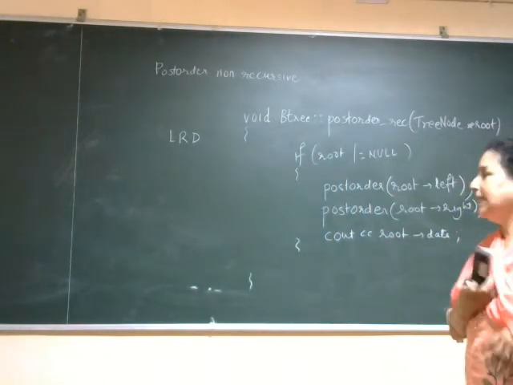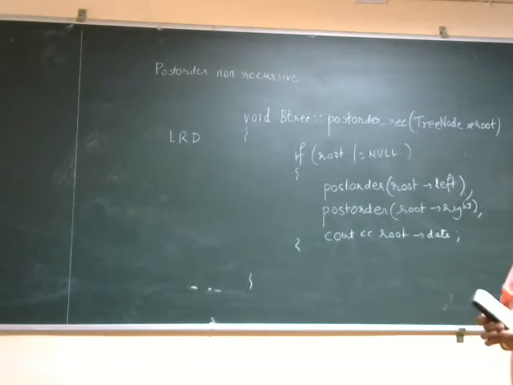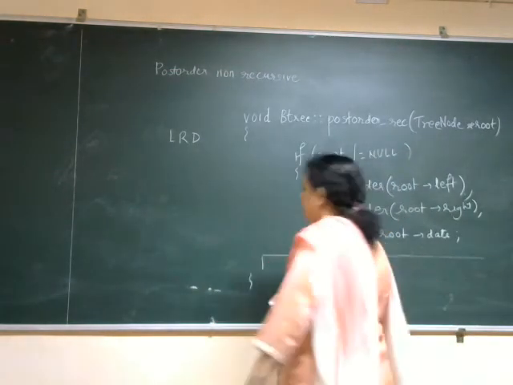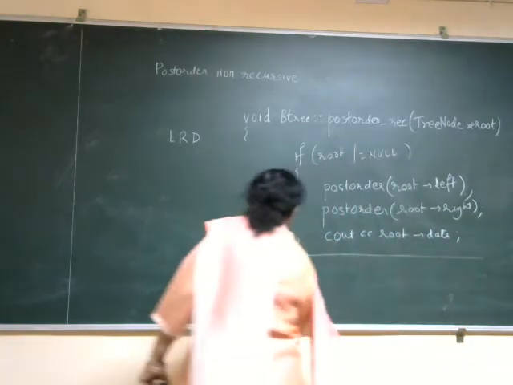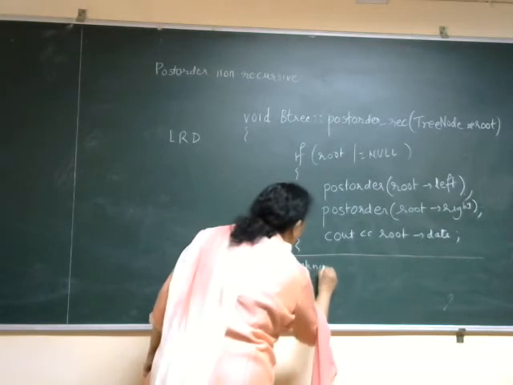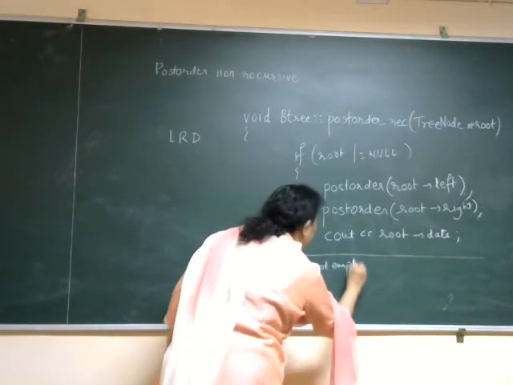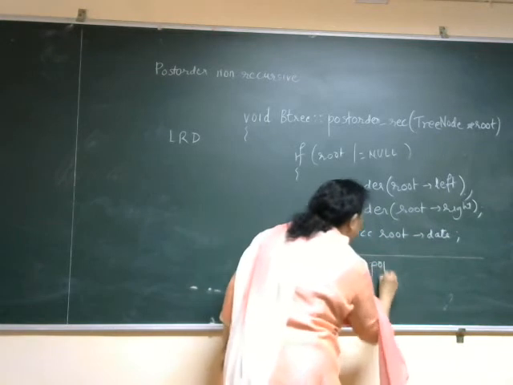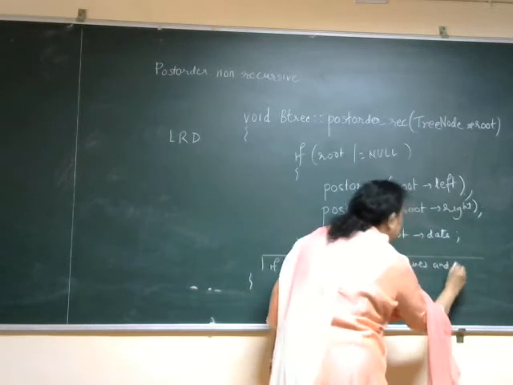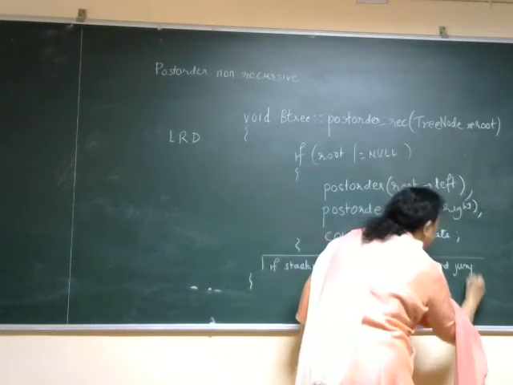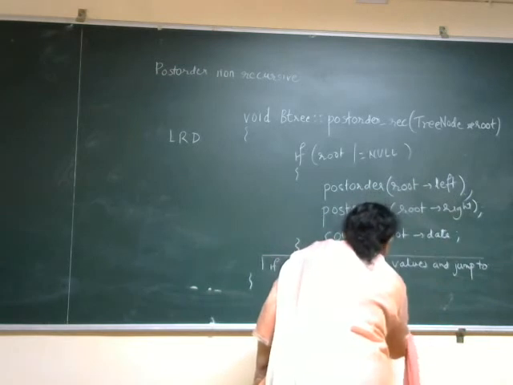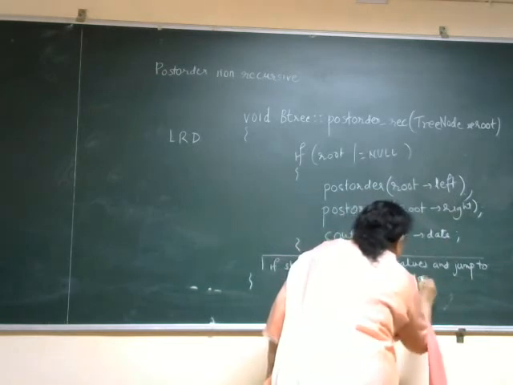Now when we call any recursive function, there is a dummy statement at the end which is not visible, and that statement is: if stack not empty, pop the values and jump to return address.